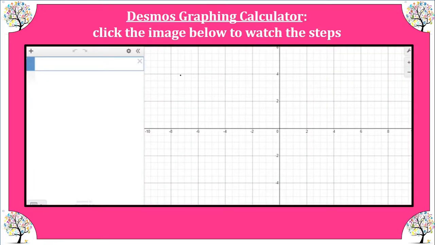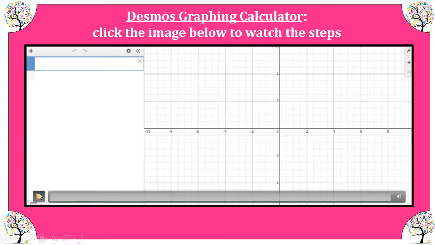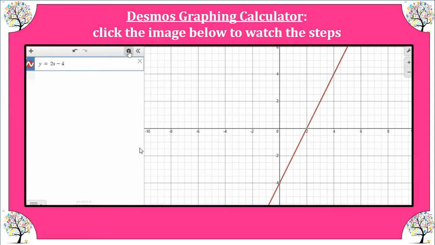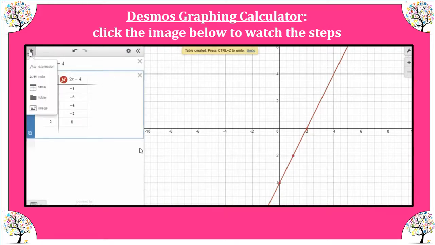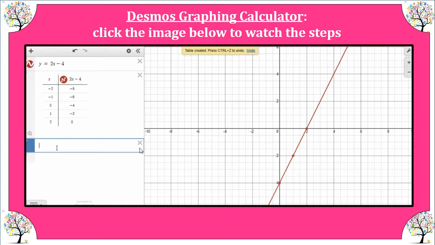Okay, now we're going to do an activity, and let's watch this video, and it shows how to use Desmos. So we're going to insert our equation. We are going to then create a new equation.